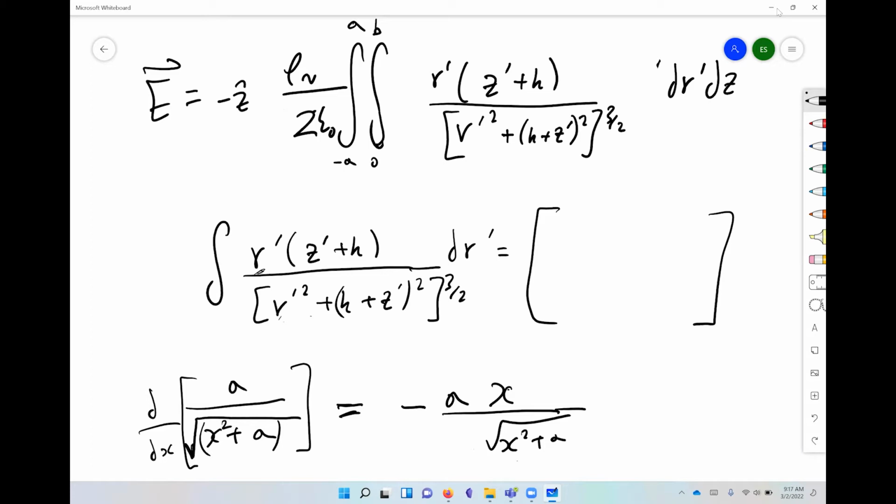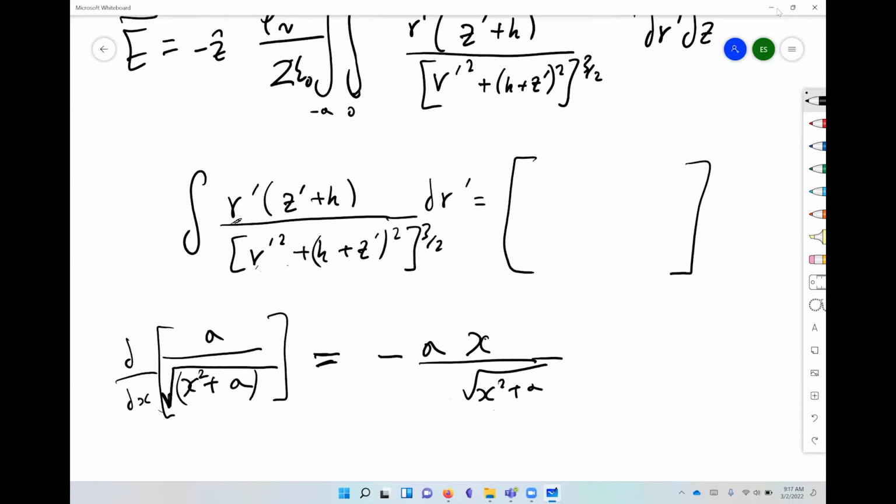But there is a power 3 here. Did I do this right? Let me see.